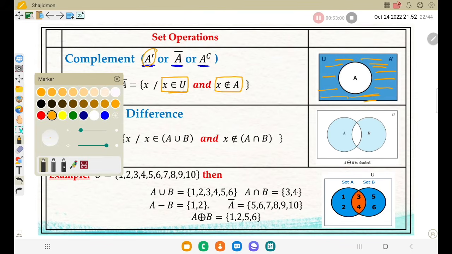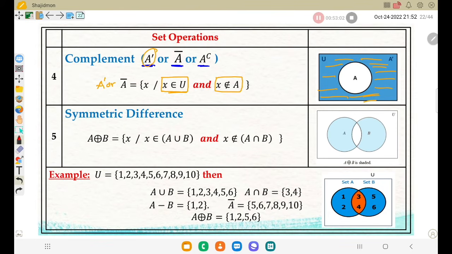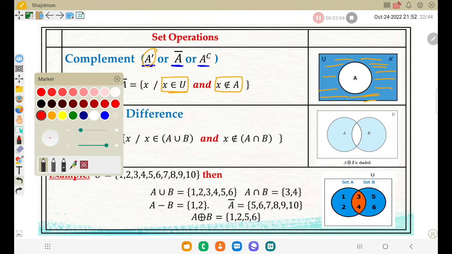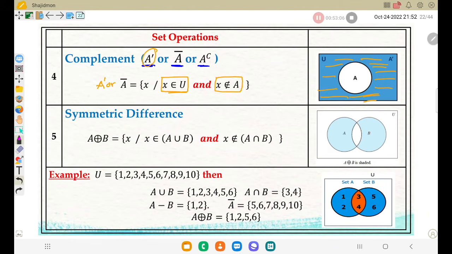Now, symmetric difference. What is the meaning? Symmetric difference of two sets: we use this symbol, a circle with a plus symbol inside. We call it the symmetric difference of two sets.